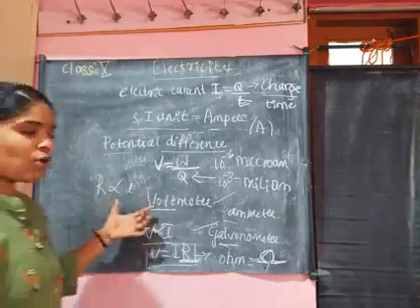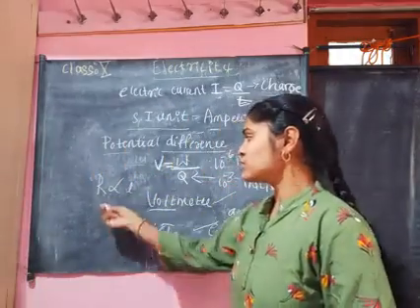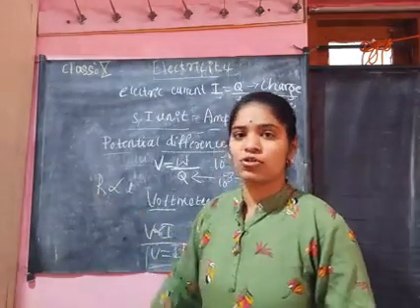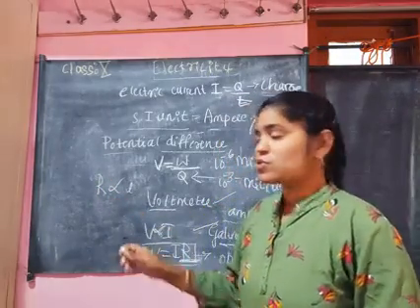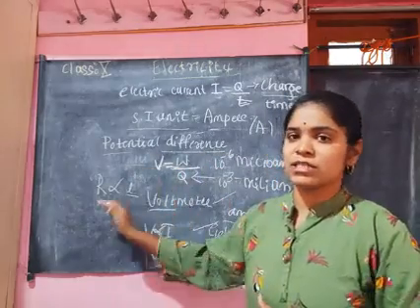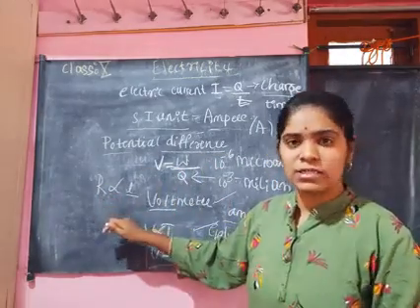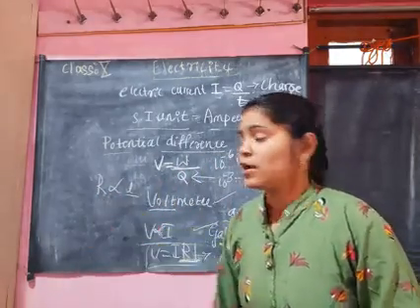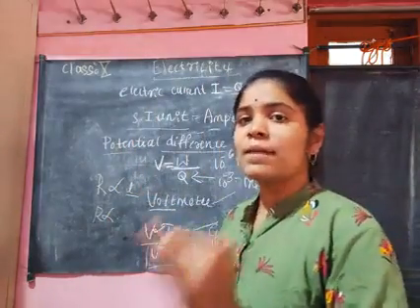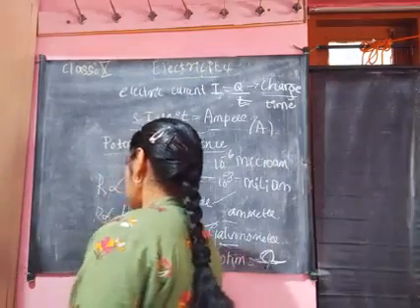If the length of the conductor used is more, then the resistance produced in the electric circuit will also be more. If the length is less, then the resistance will be less. And the resistance is also inversely proportional to its cross-sectional area.